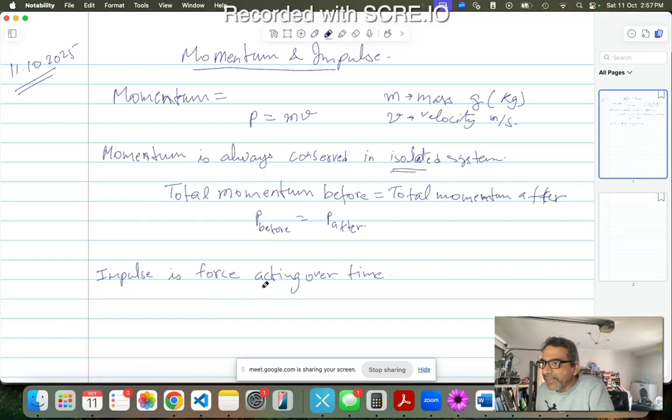Similar to velocity, if one is moving over time, we say in 5 seconds the car moved 5 meters, so the velocity will be five over time. Similarly, if a force is acting over time, that is called impulse. That means this is impulse according to the definition.